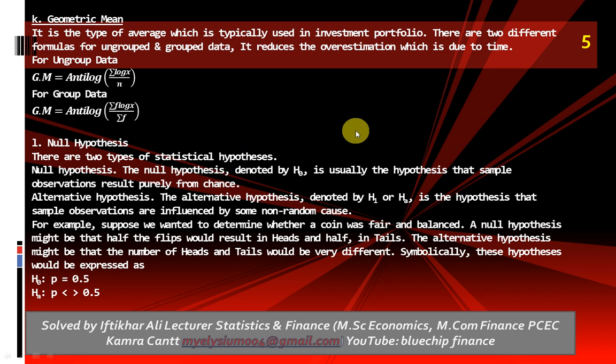The alternative hypothesis is always denoted by H1 or HA. It is the hypothesis that sample observations are influenced by some non-random cause. So normally in the chi-square calculation of qualitative analysis, we assume no relationship in the null hypothesis and a relationship in the alternative hypothesis.